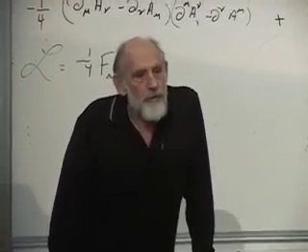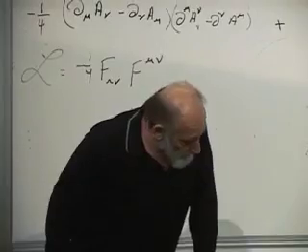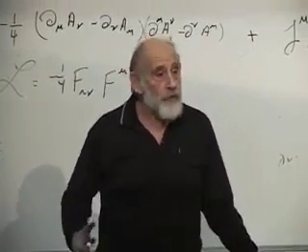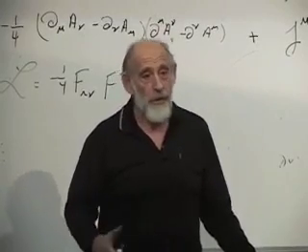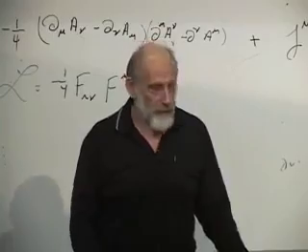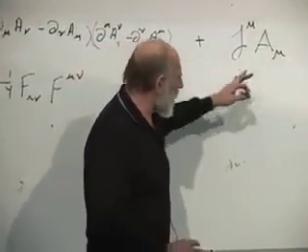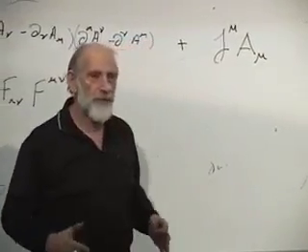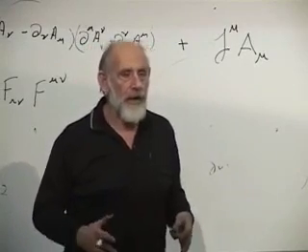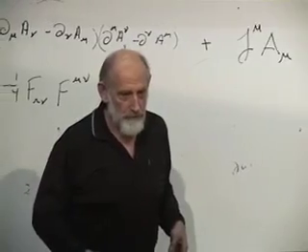Things which are gauge invariant are ambiguous. You can change them without changing any of the physics. Things which vary when you do a gauge transformation are not physically observable things. The physical observables are the gauge invariant quantities.